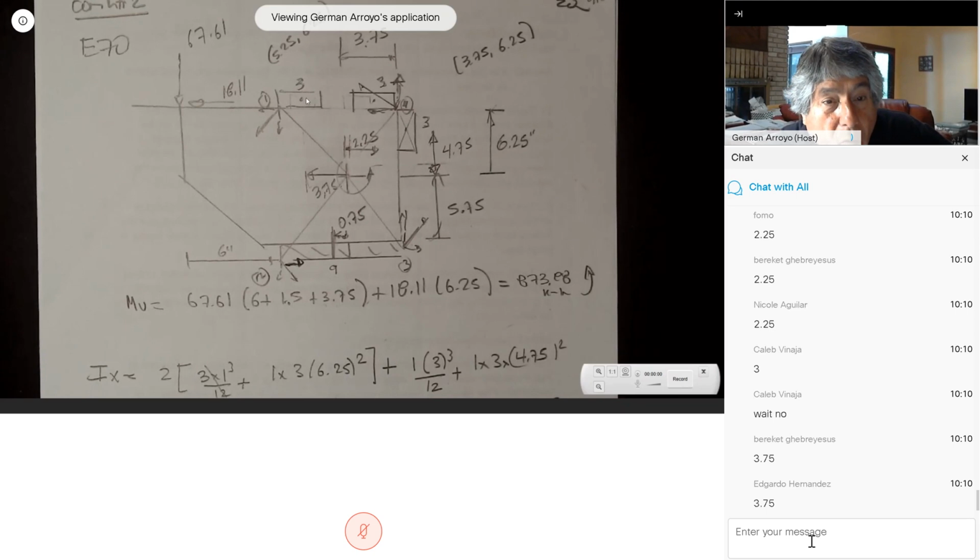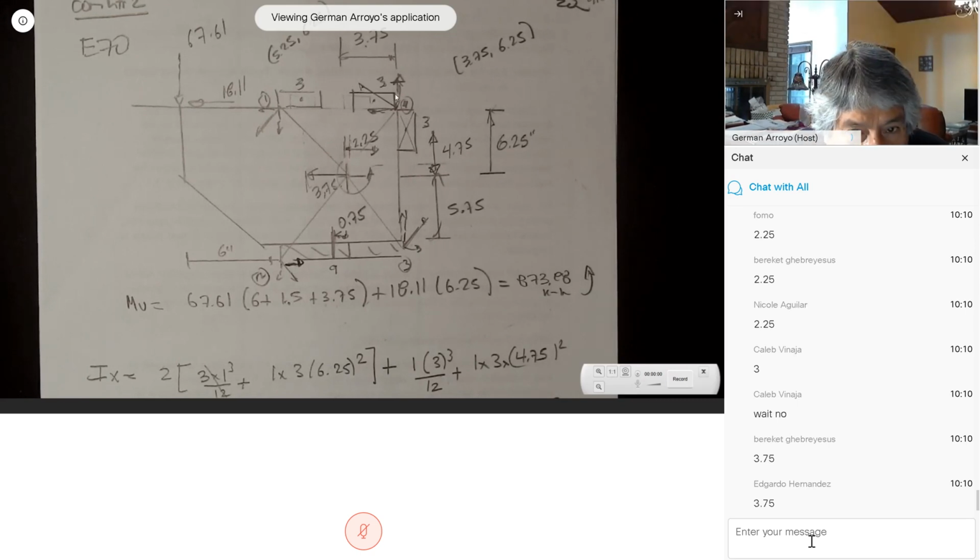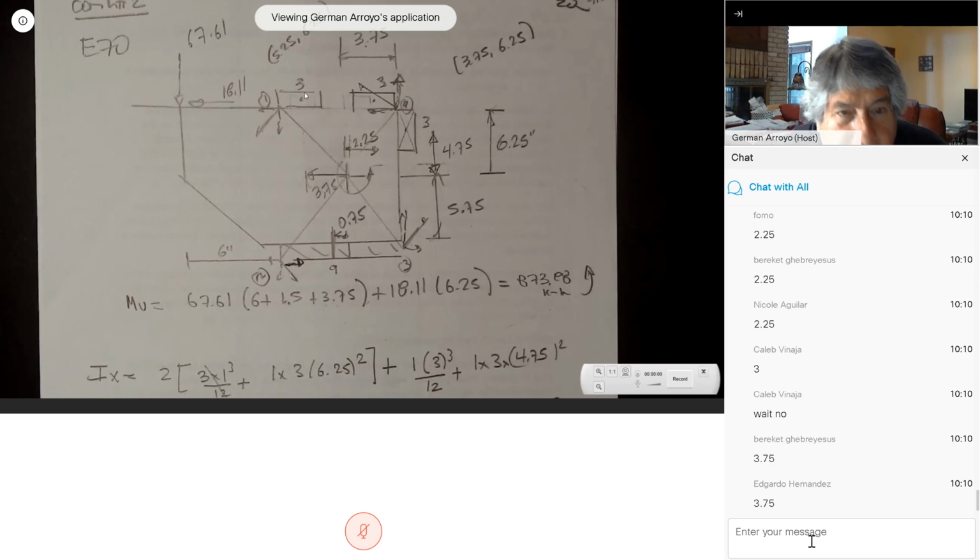So how can I compute that? Look, I have this distance. This distance is 3. This distance is 3, 6, 7.5. 7.5 from this side is 3, 3, and 1.5, 7.5.